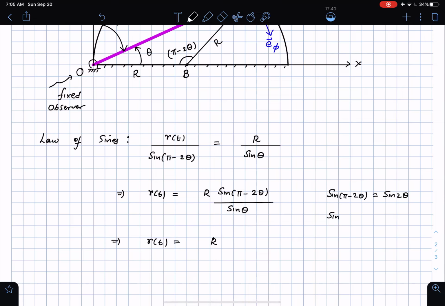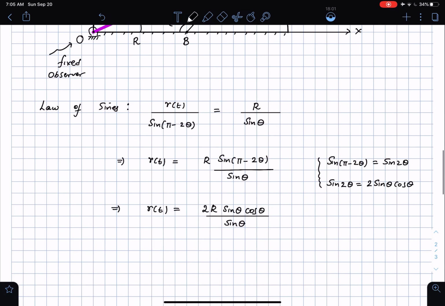We have the formula for sine 2 theta is 2 sine theta cos theta. Okay, so this is going to be 2 times sine theta cos theta, divided by sine theta. Which essentially tells me that I can cancel off one of the sine thetas from here.